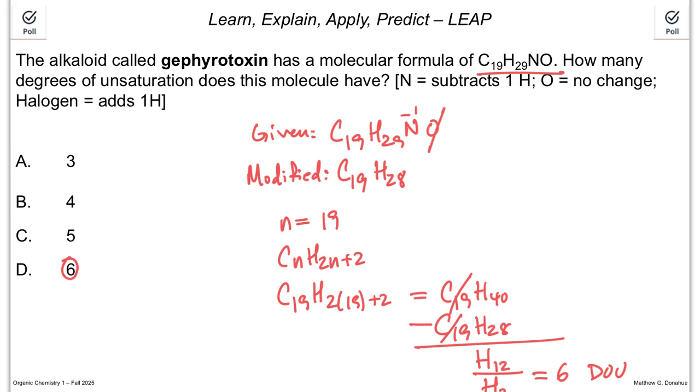Will we have to draw structures of something with heteroatoms in the exam? Fortunately for you, all the exams are multiple choice, so you don't really have to draw too much. You'll have to look at molecular formulas, figure out degrees of unsaturation, and then based on that, could this, that, or the other be present?